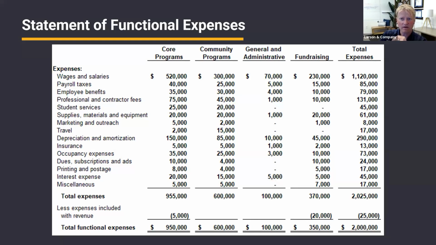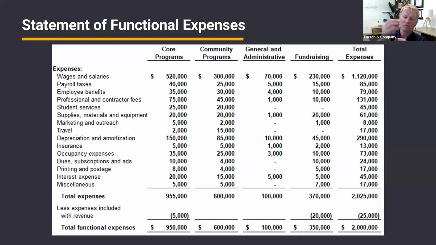Some examples of that are if you have a special event and there are some expenses that are directly benefiting donors. So a donor goes to this event and they receive something in return for just being at the event, but that's something that the nonprofit paid for, and it's an expense.